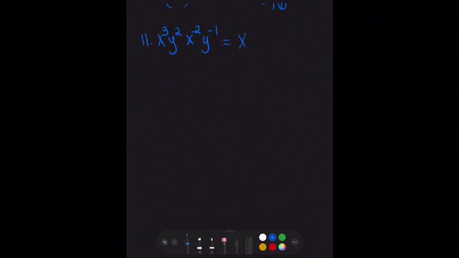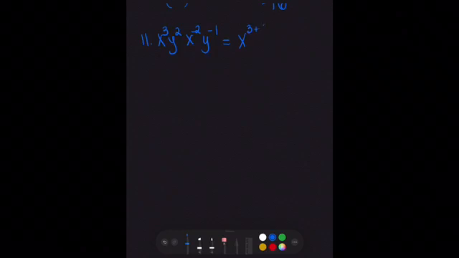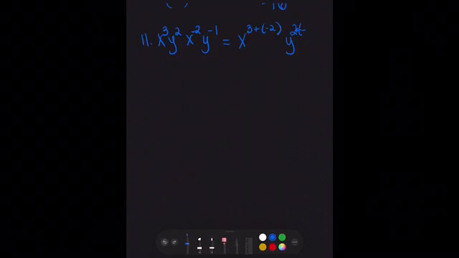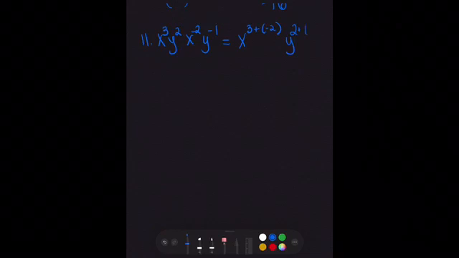So we could write this as x to the 3 plus negative 2 times y to the 2 plus negative 1. I'm going to write that a little bit more clearer.